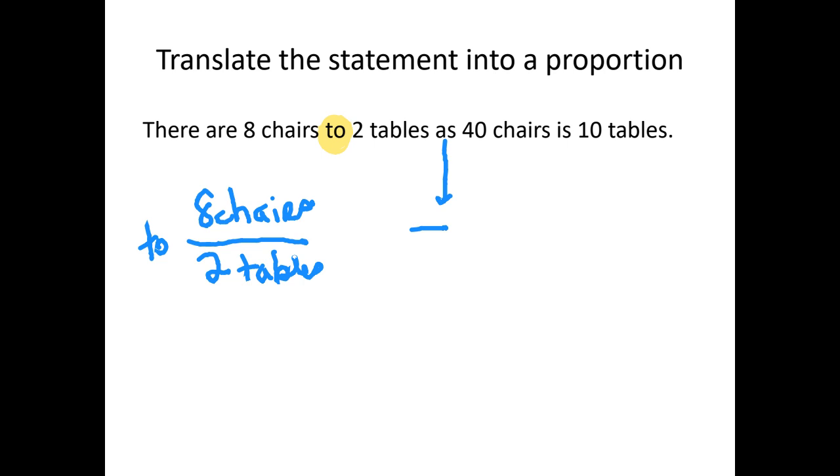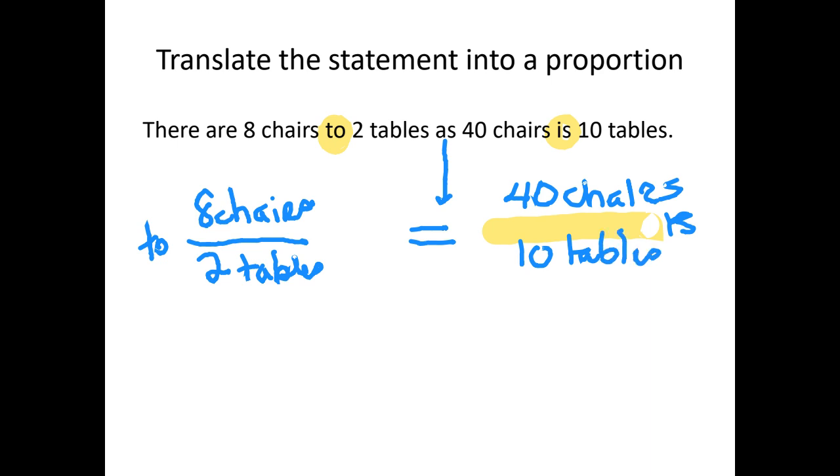Now this time, this is not a preposition. IS is not a preposition. It is a linking verb. But over here, that represents our fraction bar, because grammatically, I don't always place prepositions in my speaking voice. But 40 chairs are going up here. 10 tables are going down here.